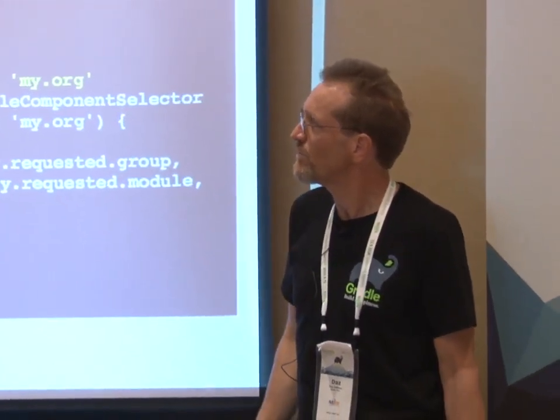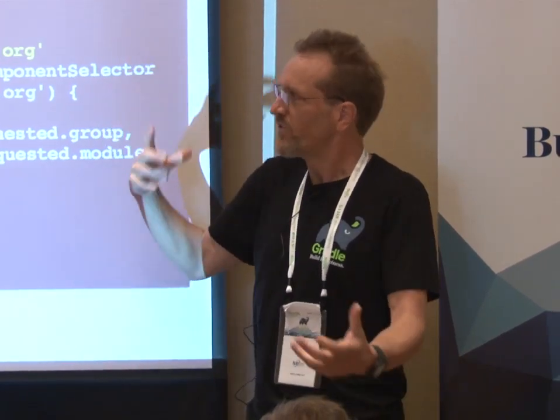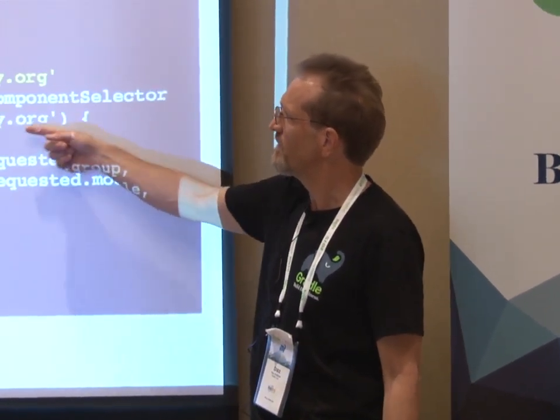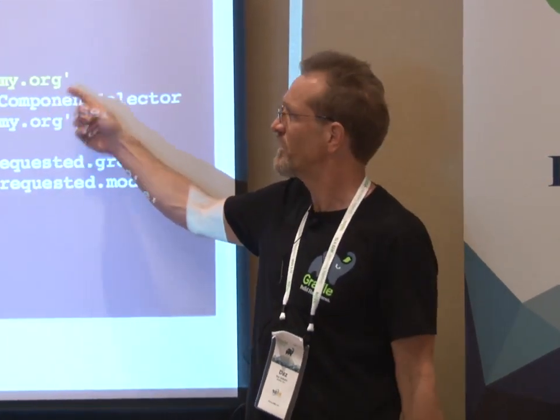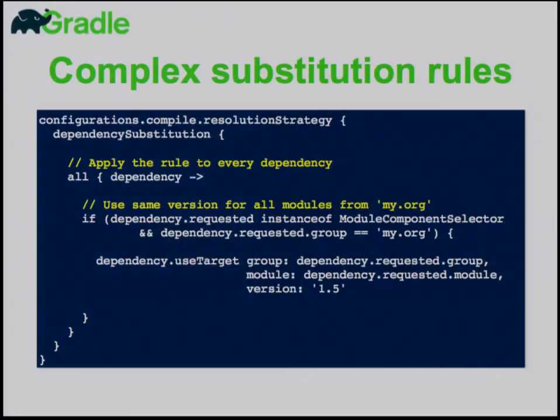Cool. So what we're basically saying is every dependency comes in here. If it's a different group, we'll just ignore it. If it's my.org, cool, we're going to do this. We're going to say, on this dependency, use a different target. And we're saying use the group from the request, use the module from the request, but use this particular version.